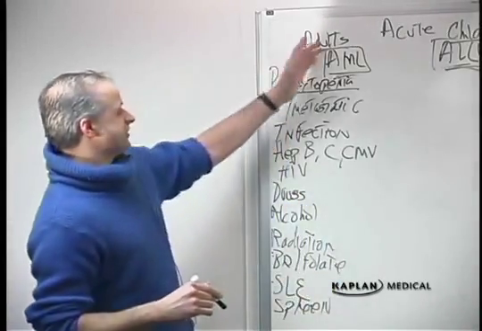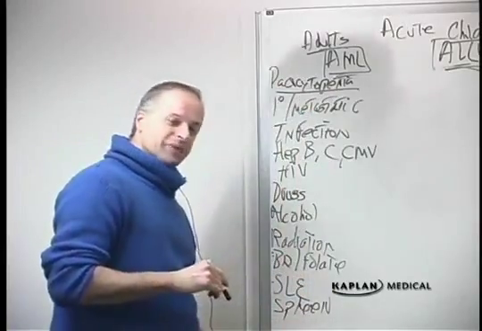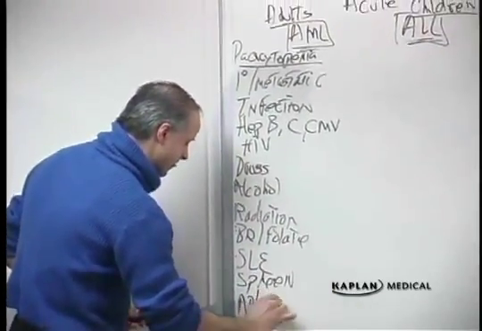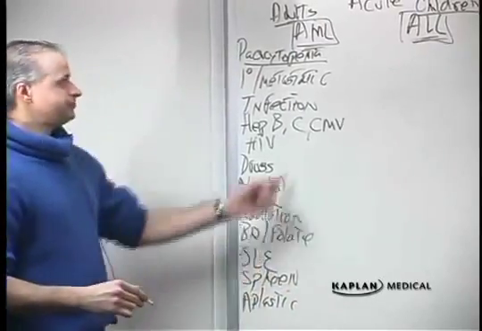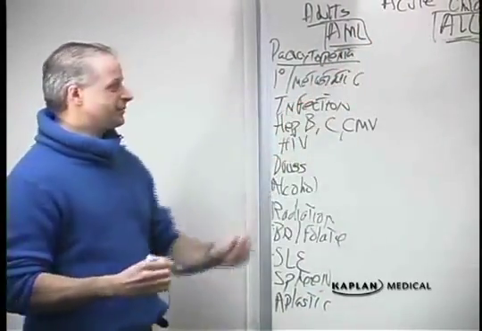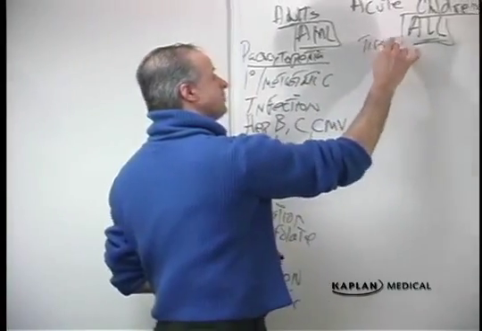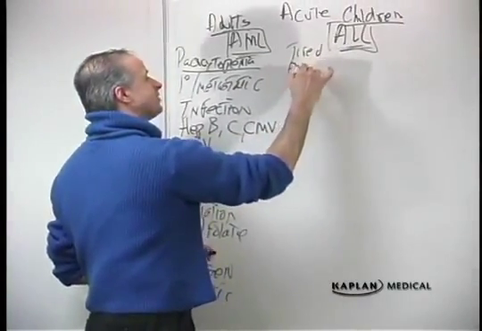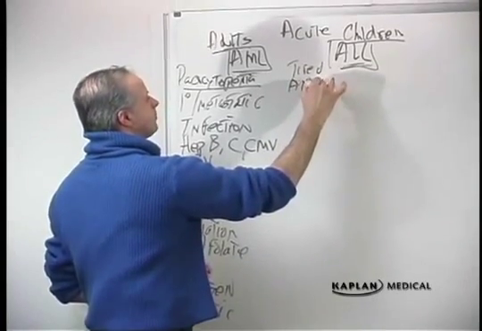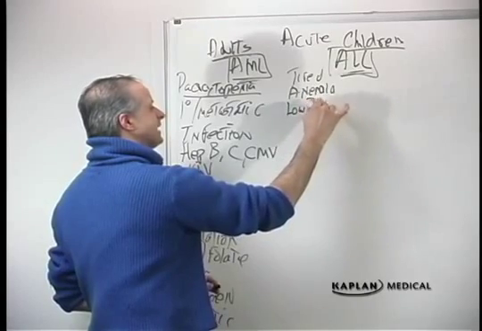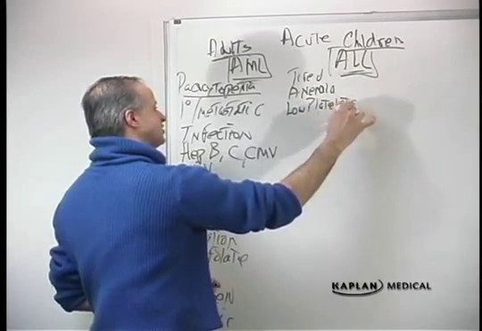Now, what's different about all these forms of pancytopenia and aplastic anemia and acute leukemias? People are tired. Why? Because they are anemic and have a low hematocrit. People are bleeding. Why? Because they have low platelets and they complain of bleeding.